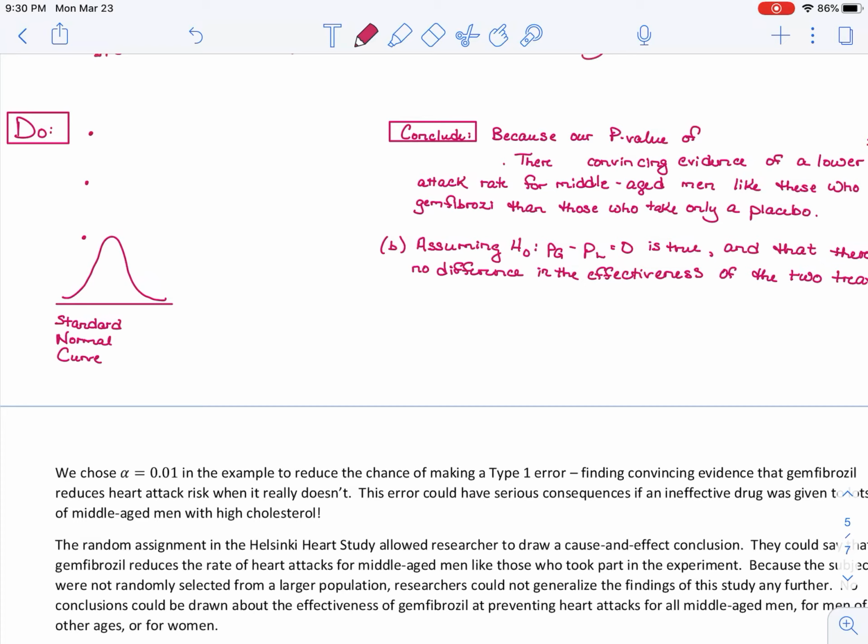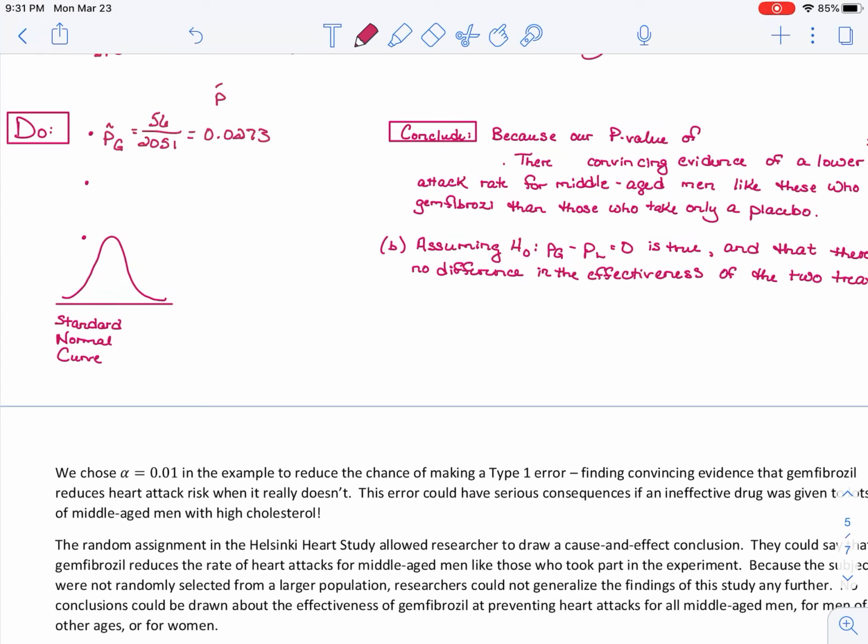So now I actually get to do it. Again, this is the part where you are welcome to jump to your calculator, but I need to find my p hat sub c value, which is not what I mean to be writing. I'm going to change my two sample proportions to decimals to make my standardizing equation a little bit easier, which means the proportion in the gemfibrozil group who had heart attacks would be 0.0273.